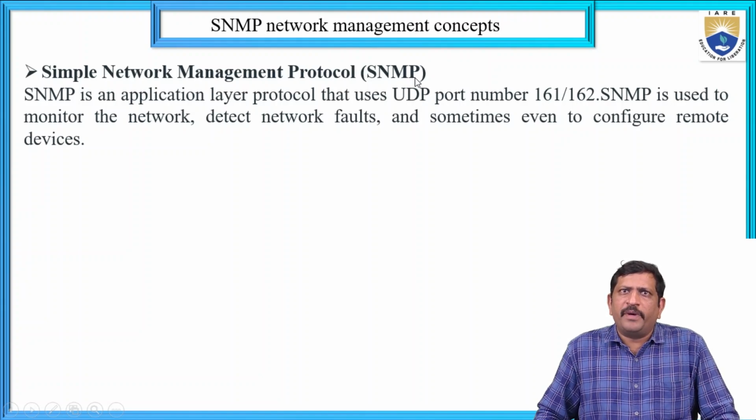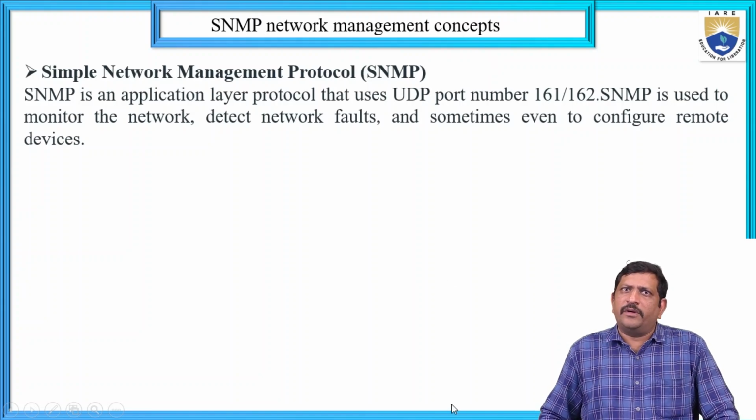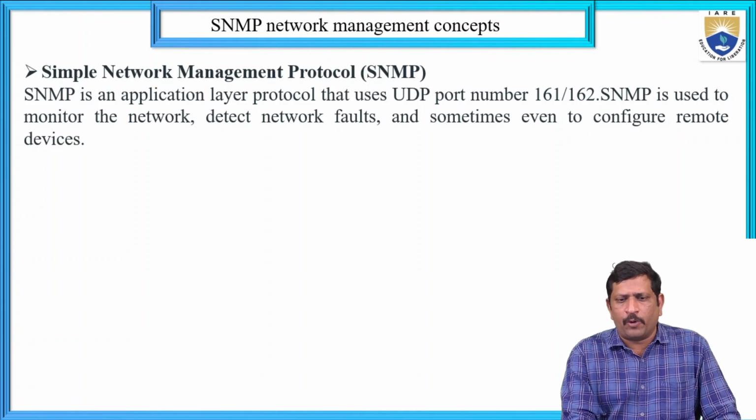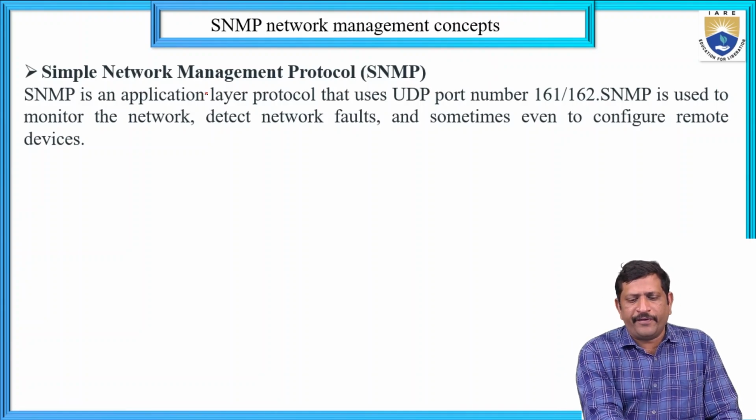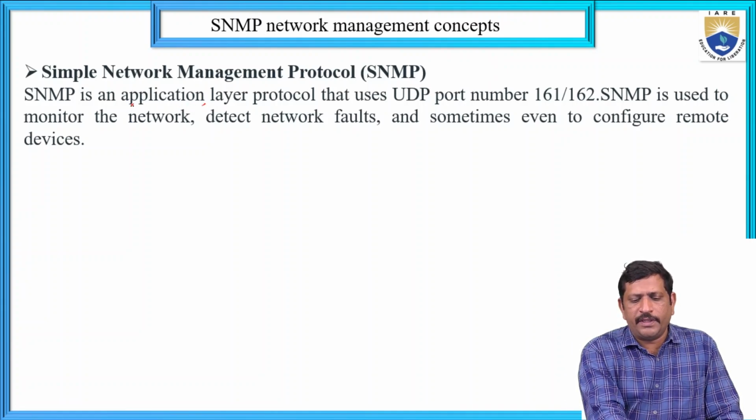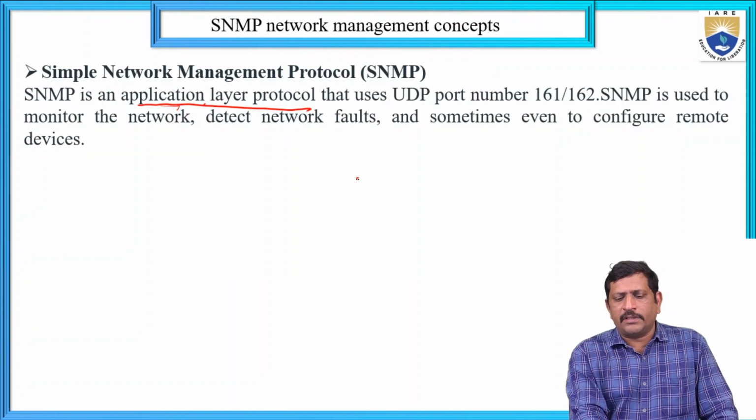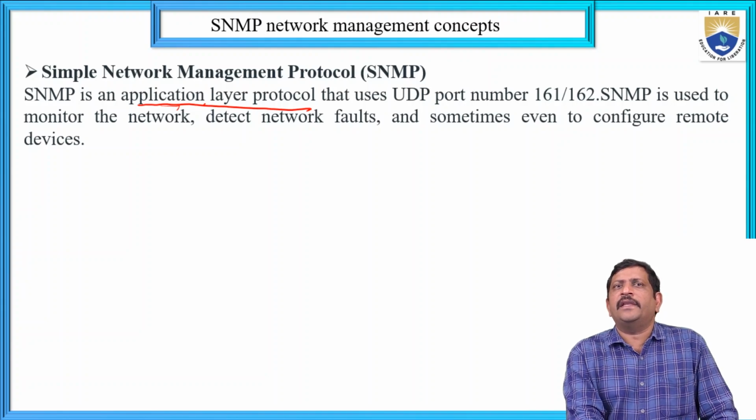This Simple Network Management Protocol is an application layer protocol. In the OSI reference model, the last, seventh layer is the application layer. So at the application layer, we can utilize SNMP.